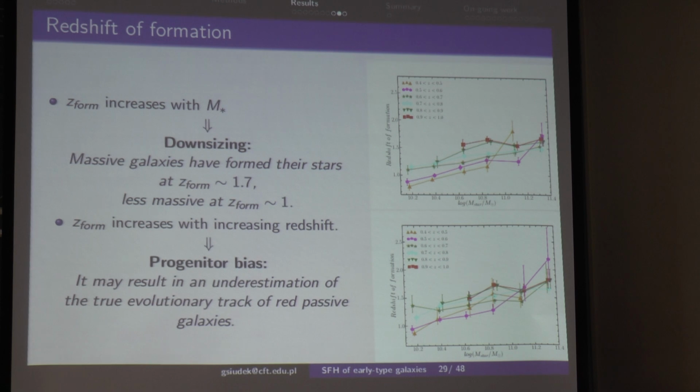We also see that the redshift of formation is increasing with redshift, which gives us the confirmation of the progenitor bias. And this also means that the true evolutionary track of red passive galaxies may be underestimated when we look at low redshift.